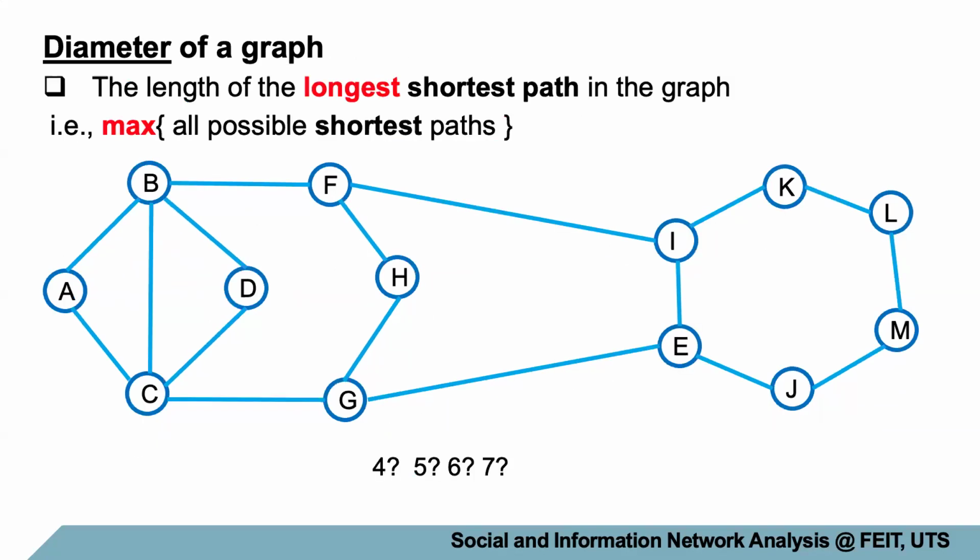And with the definition of shortest path, we can define the diameter of a graph. The diameter of a graph is defined as the length of the longest shortest path in the graph. That is, after you list all the possible shortest paths between all pairs of vertices, the max value will be the diameter of a graph.